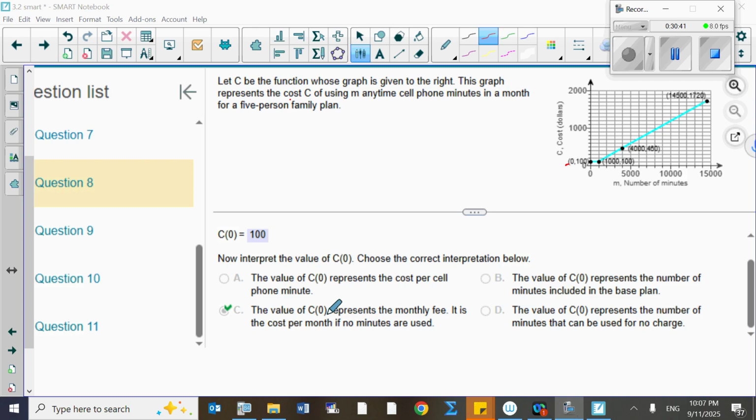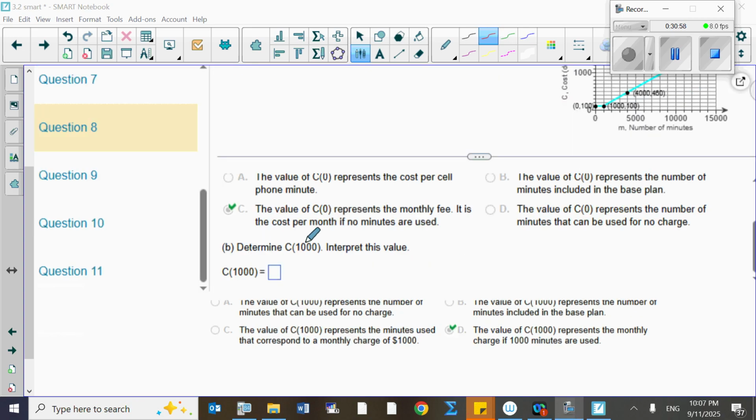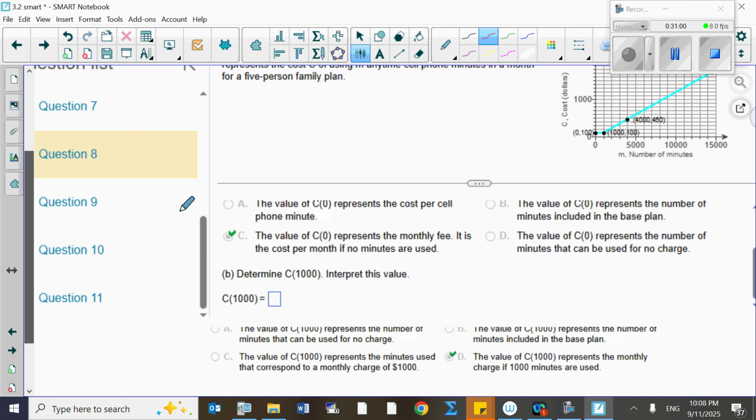And that means the value of C of 0 represents the monthly fee. That means even without using any minutes at the beginning, you have to pay a monthly fee of $100. So this is the cost per month if no minutes are used. Next one, C of 1,000. So on your graph, you're going to look when x is equal to 1,000, y is 100.